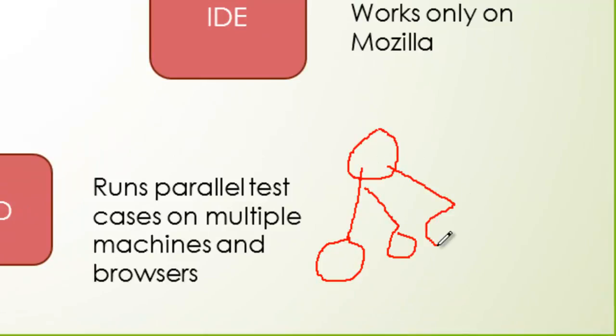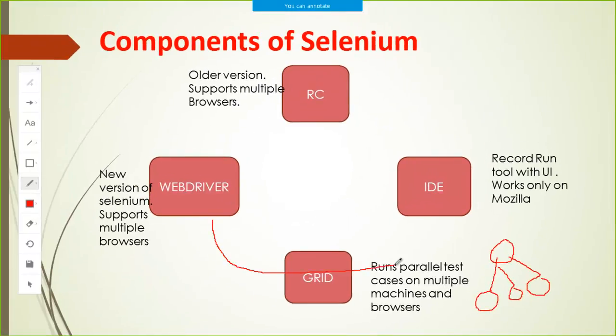Then the WebDriver script is kept on the central machine known as the hub, and the hub controls the execution of the test on the various other machines which are known as the nodes. So basically Grid helps you with the parallel execution of your test cases, and it also saves your time as well.